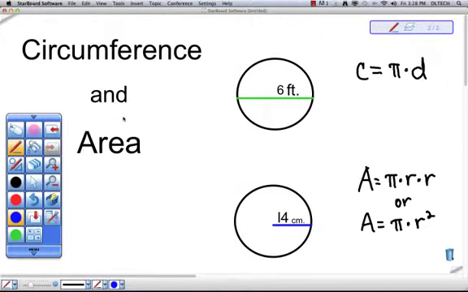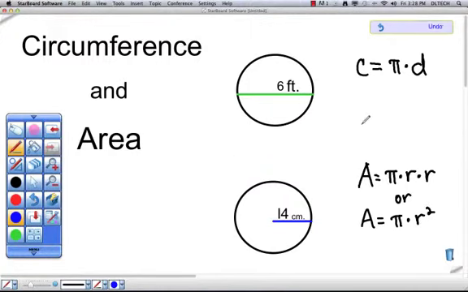For the circumference of a circle, which is the distance around the circle, your circumference is equal to pi times the diameter. Pi is represented by 3.14 or 22/7, and you'll use that number to multiply it by the diameter. If they give you the diameter, then you don't need to make changes. You just plug in the numbers.